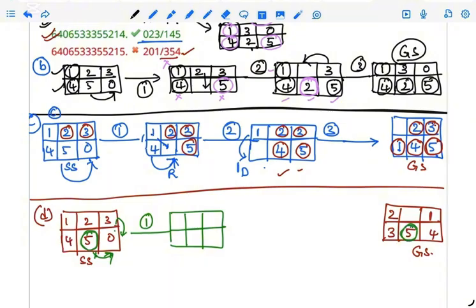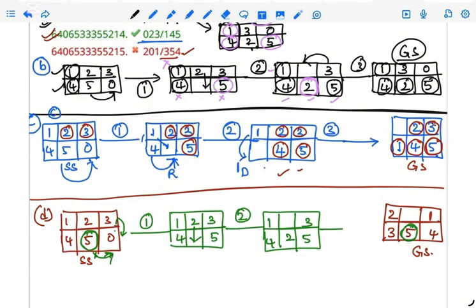So 1 2 3 4 0 5. No one is in the correct position, so move all. For the second move, 2 4 5 and 3 1.